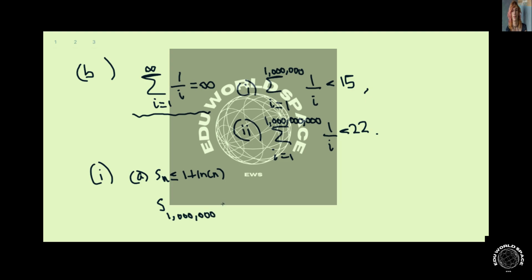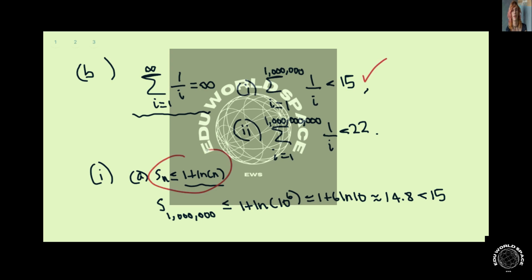This will be less than or equal to, plugging in the same n on the right-hand side, writing it as 10 to the 6th, 1 plus 6 ln 10. A calculator gives about 14.8, which is less than 15. So that confirms the first part of part B.